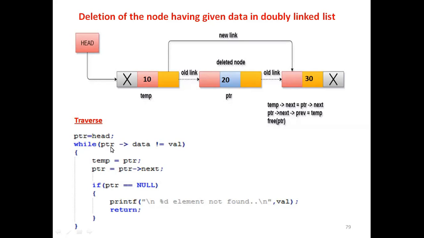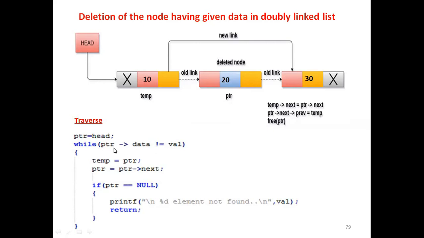You see, while PTR arrow data not equals to val, you start from here. PTR is now pointing to head. So PTR arrow data means how much here in this case? 10. And val is 20.